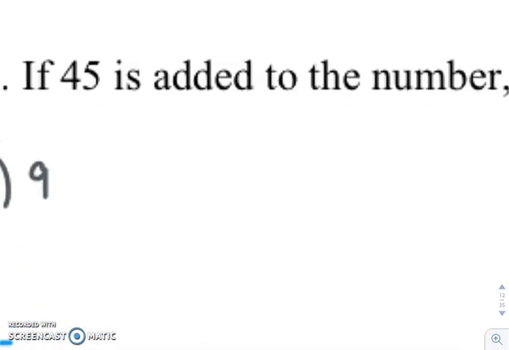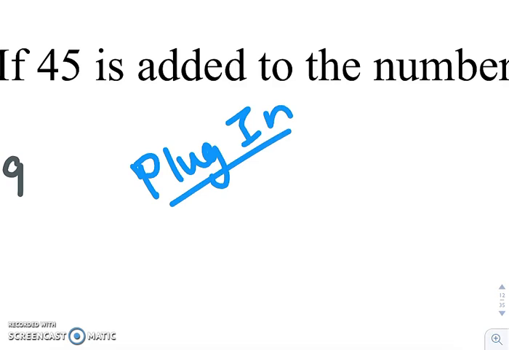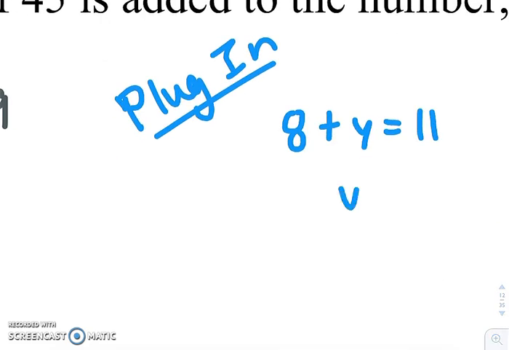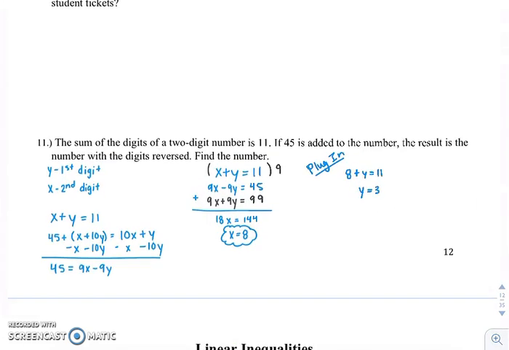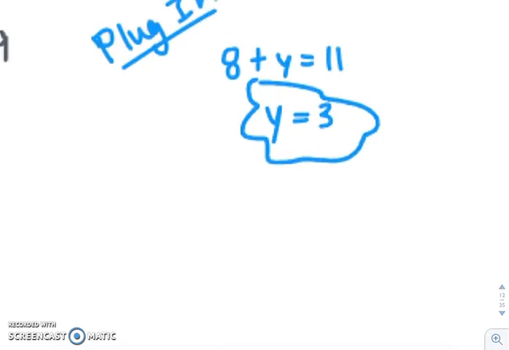If we plug it in, the easiest one is the first one. 8 plus y equals 11, so y must be 3. The first digit, left to right, is 3, and the second digit is 8.